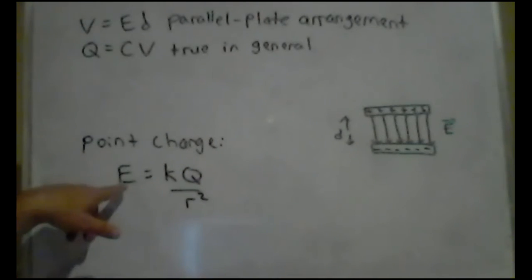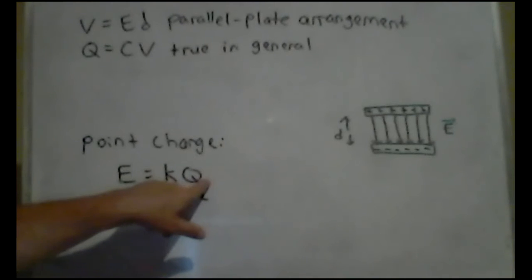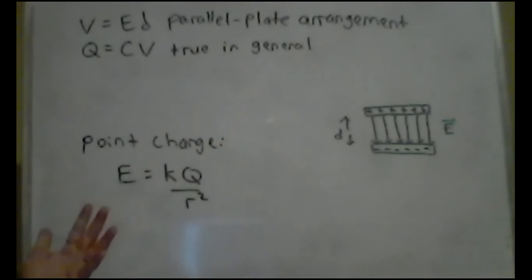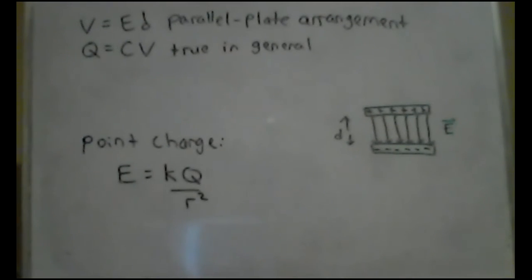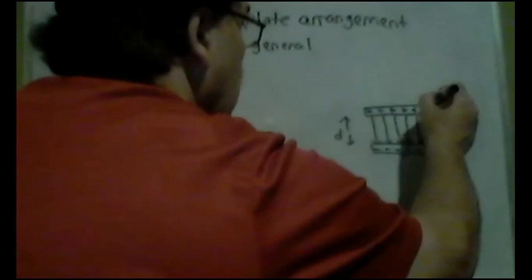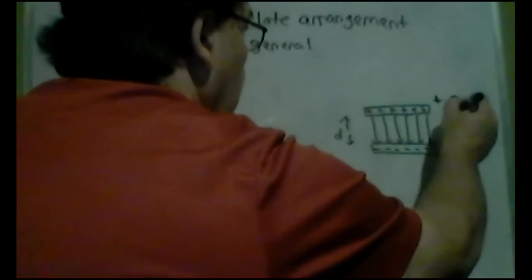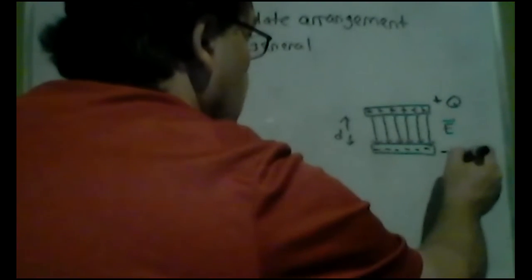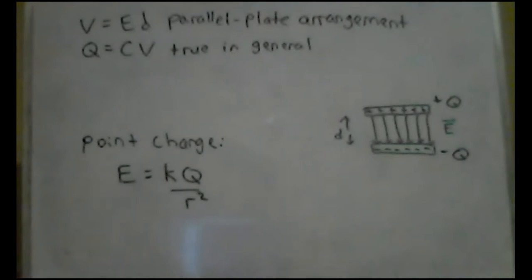So we know the relationship between electric field and the charge of interest for a point charge. We did not know this relationship for any other configuration, and I need to know it for the conducting plate. So again, we have a positive charge, capital Q, in the upper plate, and a negative charge, negative capital Q, in the bottom plate. So I need to somehow understand what the relationship is between charge and electric field.